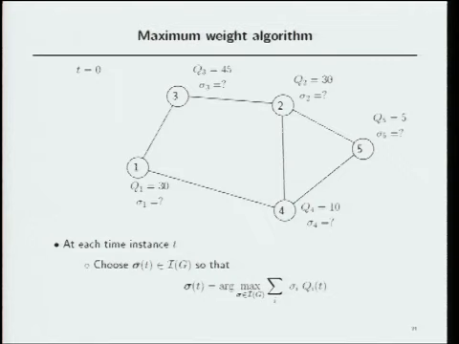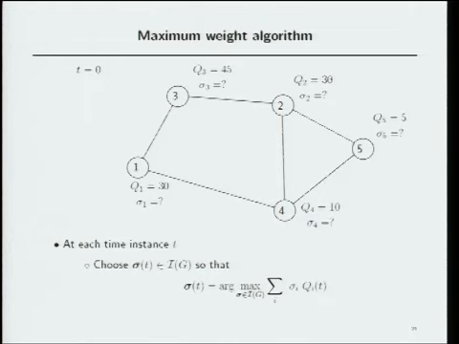All right, so that was as far as random access algorithms were concerned. Now coming to this max weight algorithm, it's not about simplicity, it's just about performance. As many of you have seen, it's a natural generalization of the longest queue first algorithm.